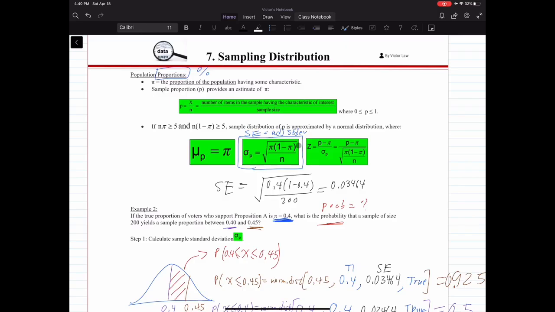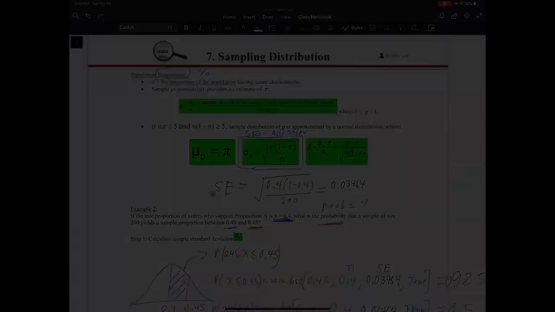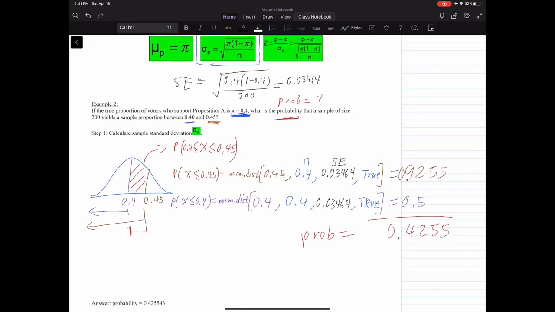So those are the two new formulas that you need to know: the standard error for population standard deviations and the standard error for population proportions. These are the two situations that we have. One is population standard deviation, the second is population proportions.